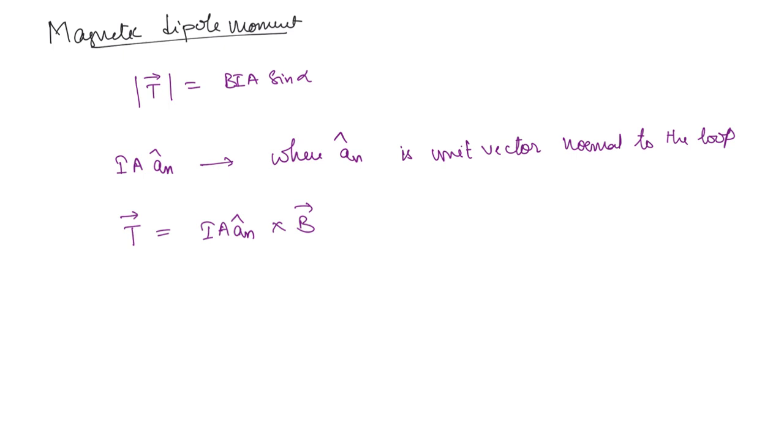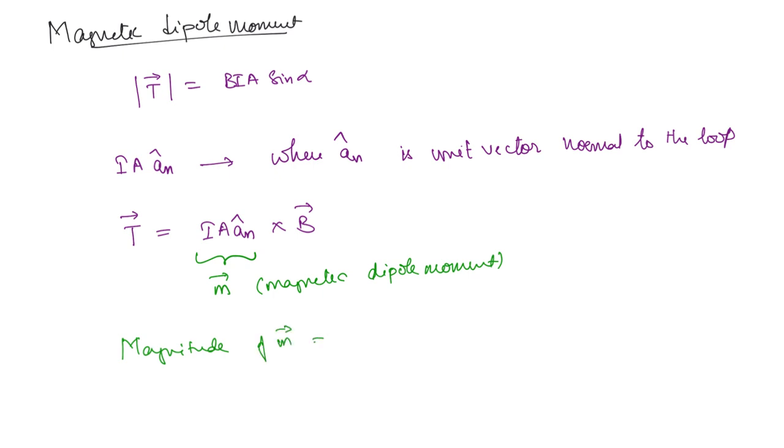Okay. So now this vector, this is what we call as the magnetic dipole moment. Okay. So this is represented by M bar, the magnetic dipole moment. So what is its magnitude? The magnitude of the magnetic dipole moment is equal to the product of current and area of the loop.